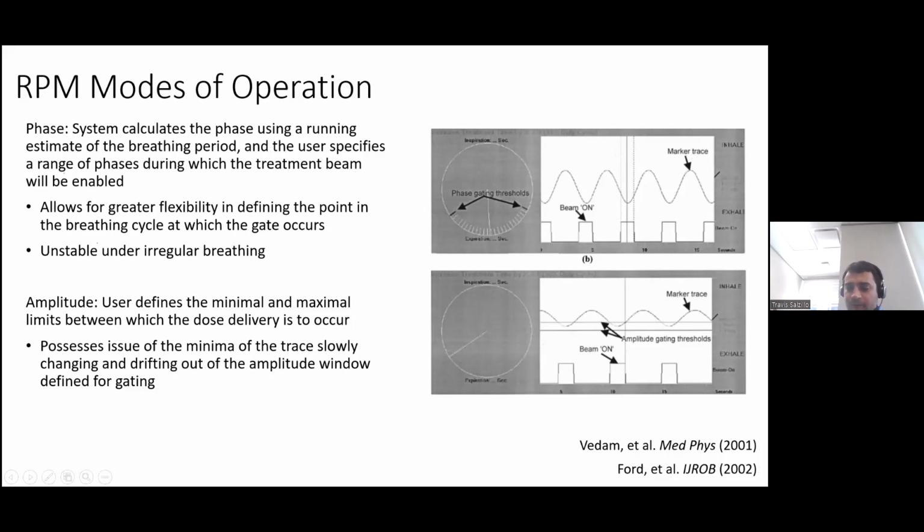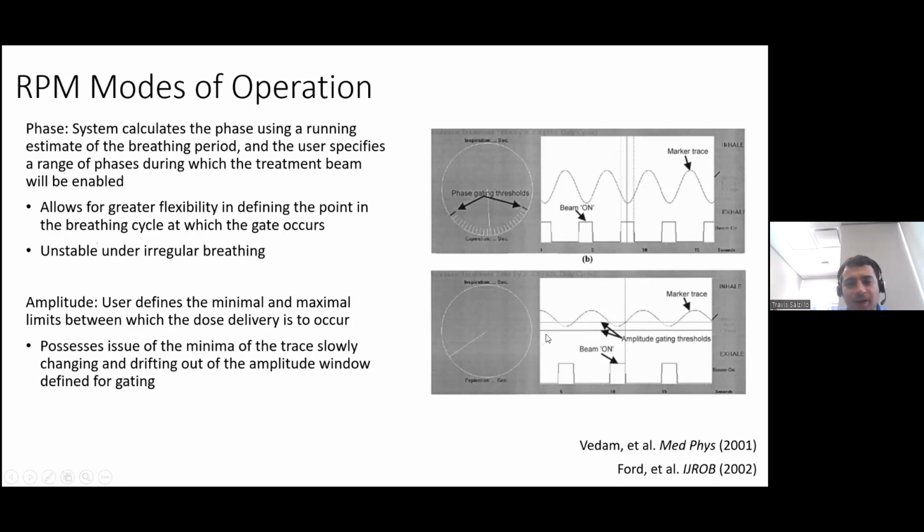Basically, whenever your infrared box gets into a particular area, that's when you start turning the beam on or off. Each comes with its benefits and detriments. Phase-based gating is somewhat susceptible to irregular breathing patterns, and often you'll see these patients do have irregular breathing patterns, especially when their primary disease is in the lung.